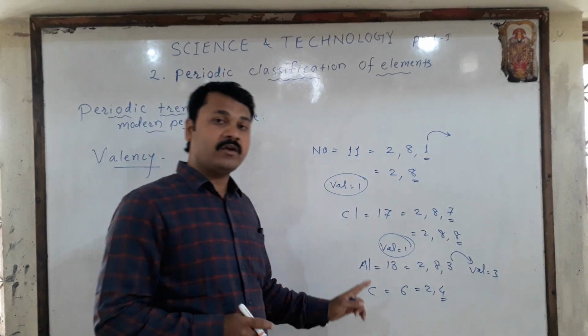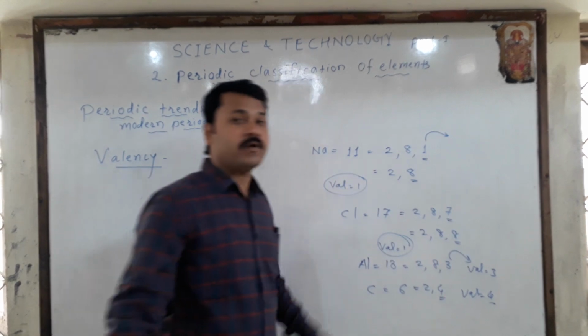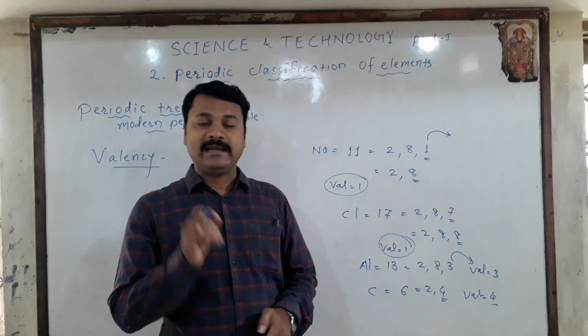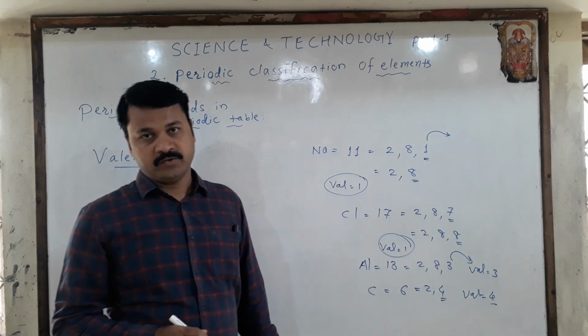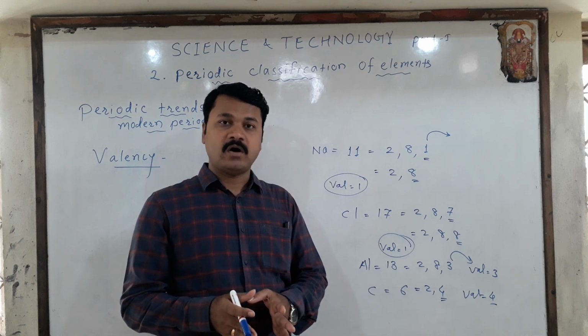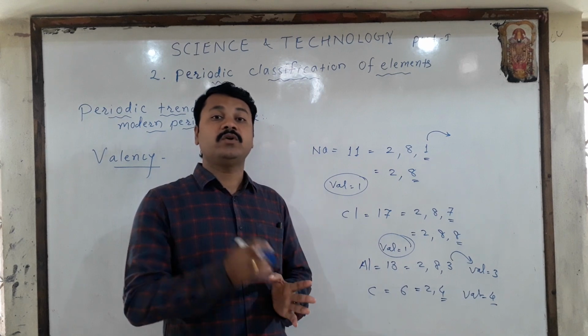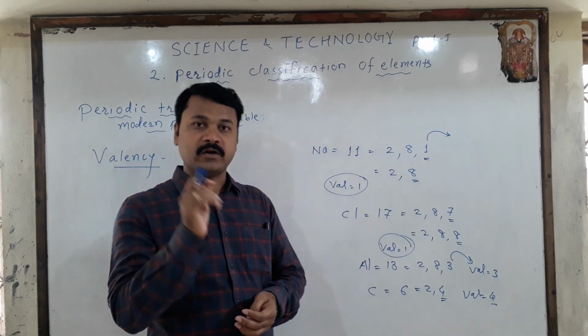So valency of carbon becomes 4. So from all these examples we can say that valency is the number of electrons which are gained or donated or shared by the atom to complete its octet.